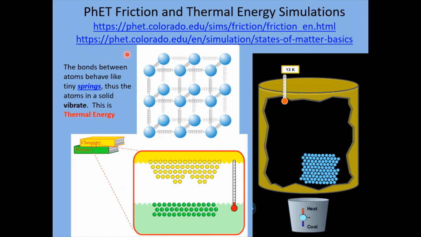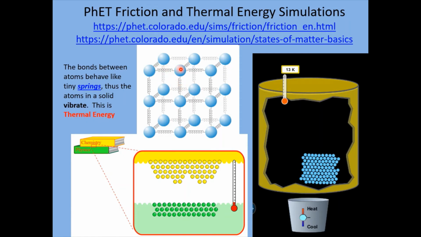One thing I'll mention before we look at the simulations is a model of a solid. We saw this earlier in the course when we talked about the elastic properties of materials. Remember, we talked about even something as hard as steel or diamond really is an elastic substance. And the reason for that is that the atoms of any solid, like for example, steel or diamond, are connected by bonds.